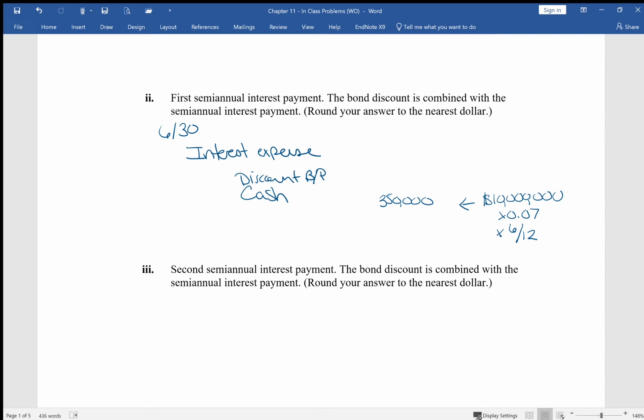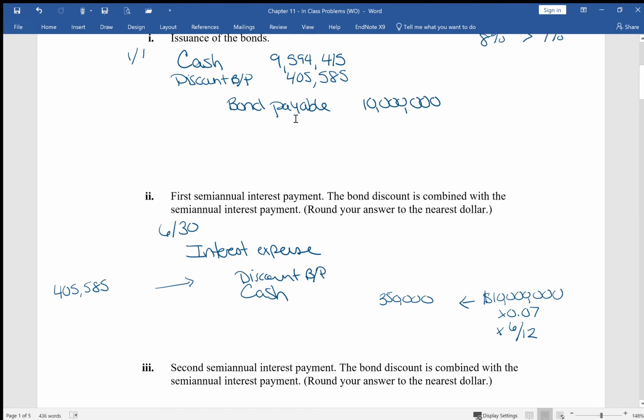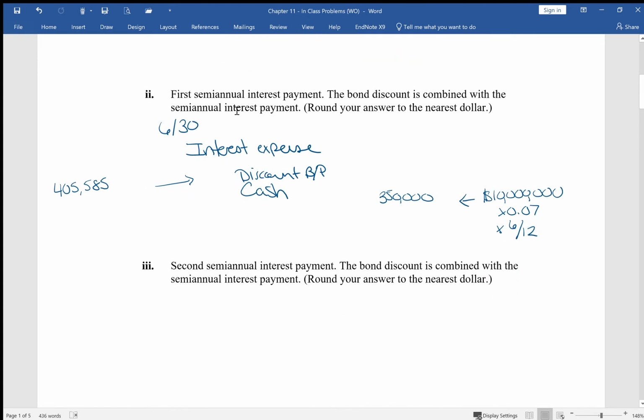But we also need to undo some of our discount. So in order to figure out that discount number, we take the total discount, which is $405,585. That's from part A up here. Our whole discount's $405,585. We figured that out as the difference between the face value and the cash value. And then we know that we need to allocate this to the whole life of the bond, which is 5 years.